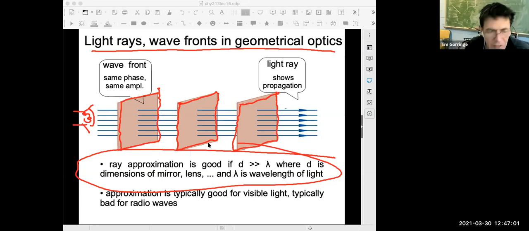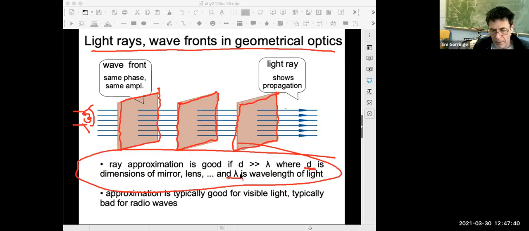So in this bullet, I called D the dimensions, the scale in meters of your mirror or your lens or your optical equipment. I called lambda the wavelength of the light that you're illuminating your mirror, your lens, your optical equipment with. And the ray approximation is good when D is much greater than lambda, when the dimensions of the mirror or the lens are much greater than the wavelength of the light.